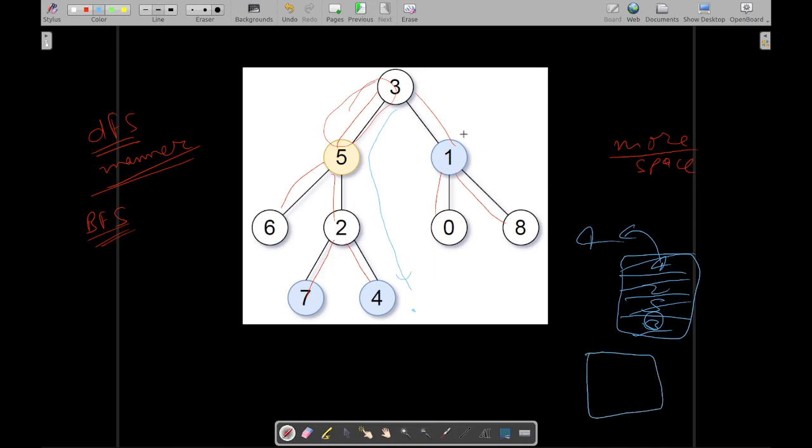And then for the left part, if you are traversing this, then 3, then 1, then 0. Now we hit the bottom again, then this goes out. And eventually when all the branches from 3 are traversed, 3 will also go out at the last. So what I mean to say is the recursion stack will be reused.